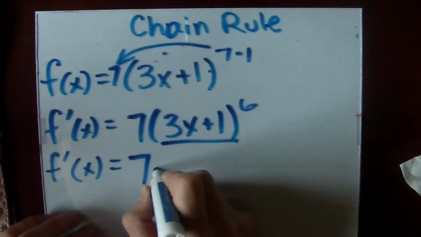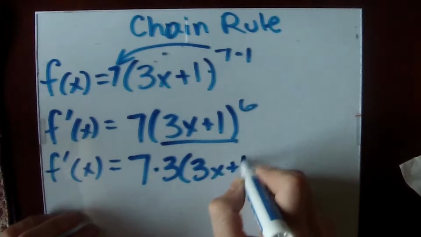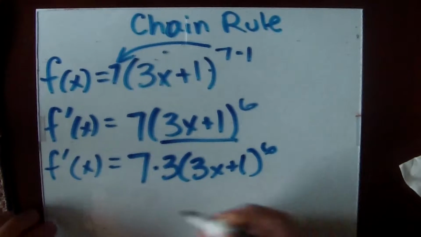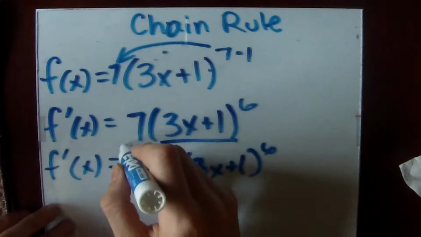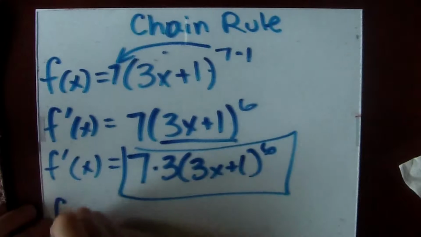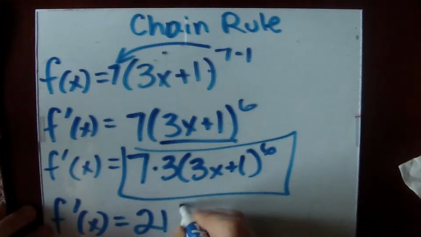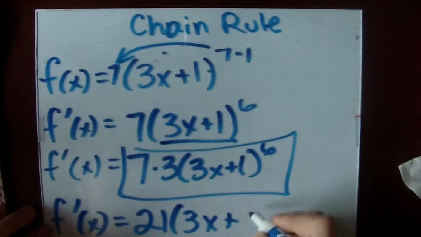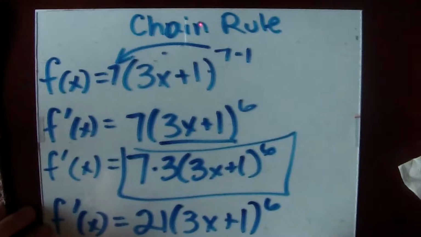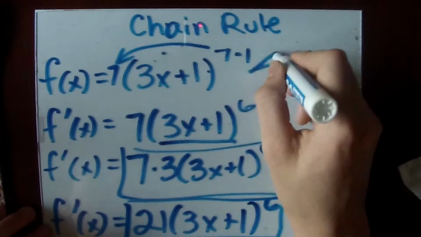So 7 times 3 times (3x plus 1) to the 6th power is the derivative. So this can just be your answer, but to further simplify it, f prime of x equals 21 times (3x plus 1) to the 6th power. And that is the derivative of this function.